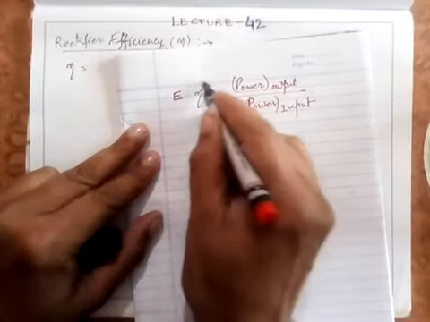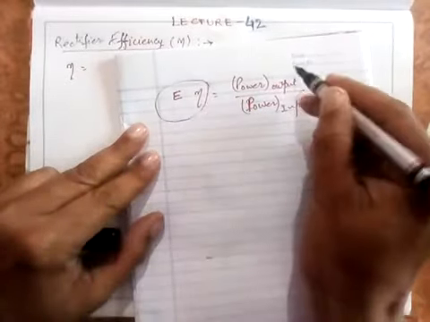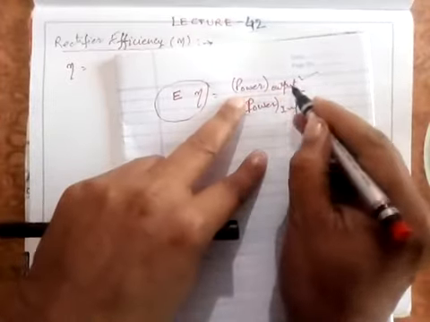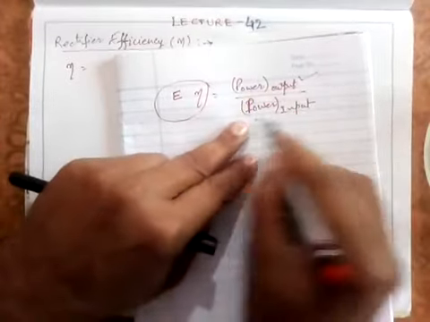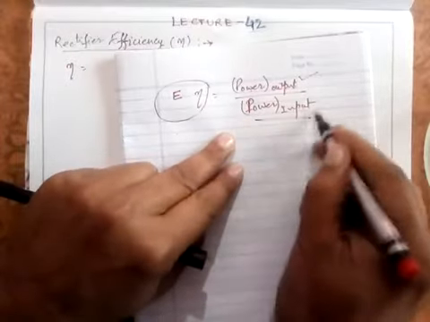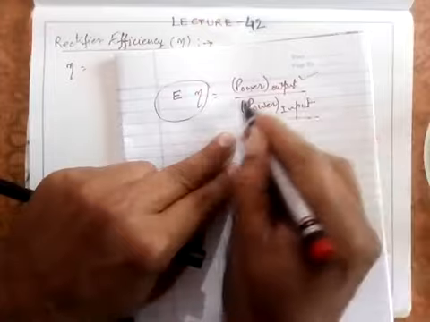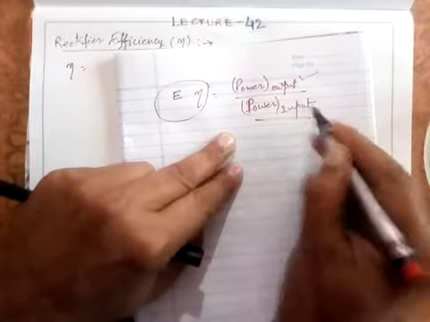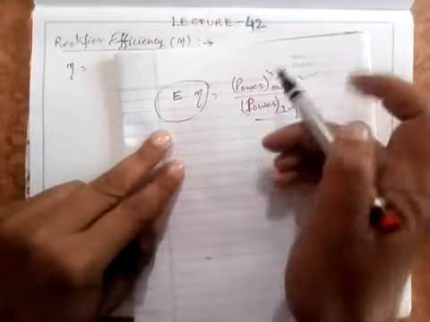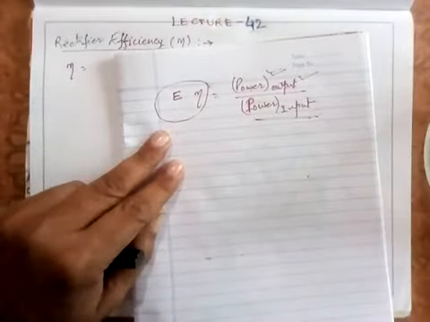What is the power applied at the input, and what is the power that we obtain at the output? The ratio of these two is called the efficiency.